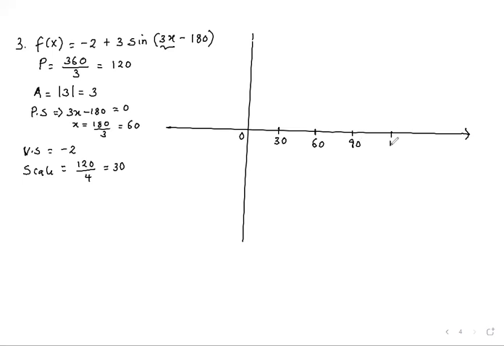And then we get 180. And then the amplitude is 3. So we'll have 3. And then we'll have -3. When we start from 0, that is how sine graph is, very squeezed because of the scale. So this is the graph.